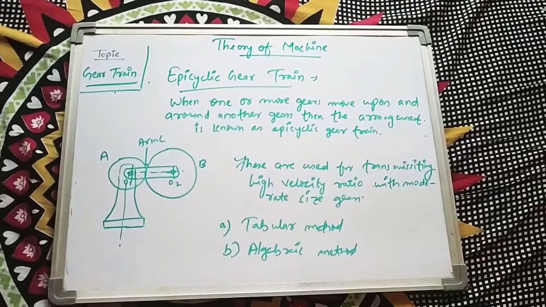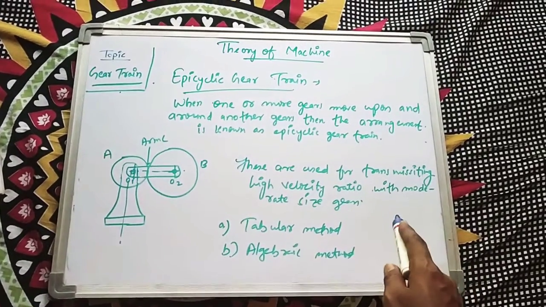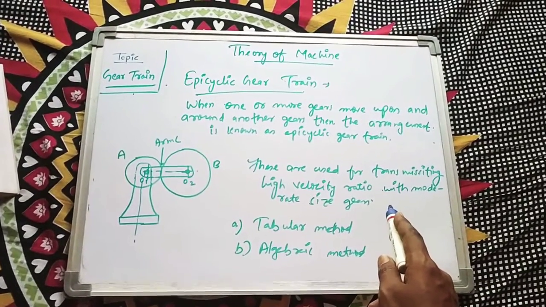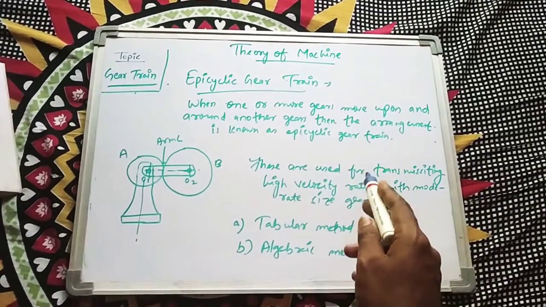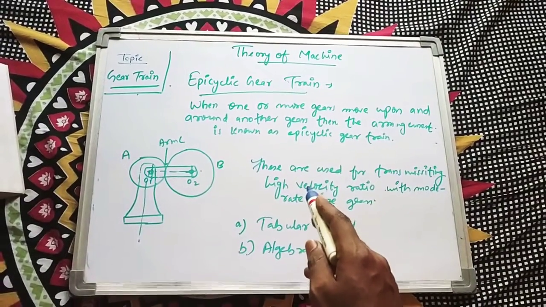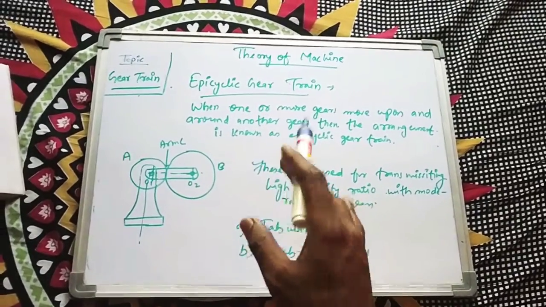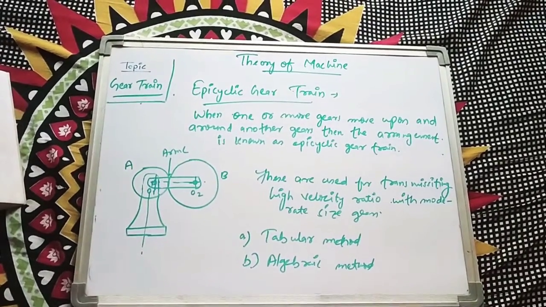These types of gear trains are highly used for transmitting a high velocity ratio with moderate size gears. When we have limited space and we have to transmit a high velocity ratio, then we use an epicyclic gear train. The best example for understanding the epicyclic gear train is your scooty. Most of the students use a scooty for transportation.